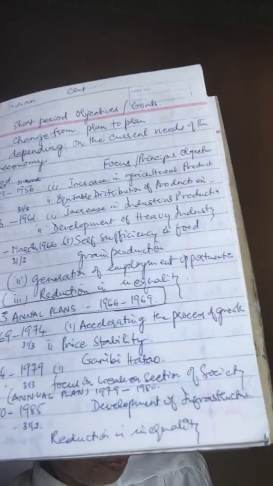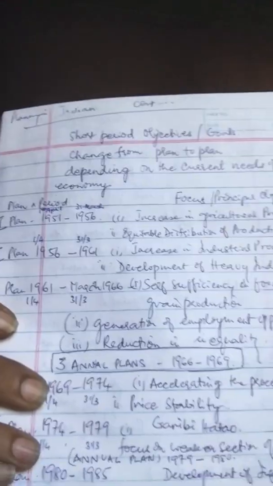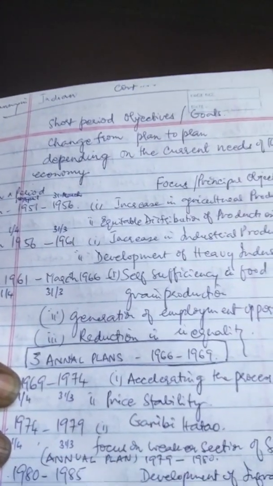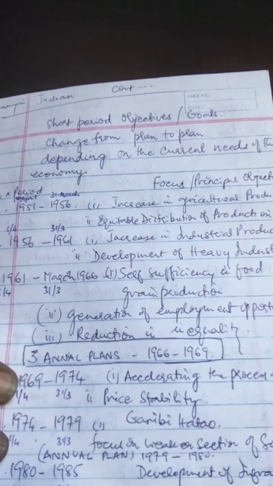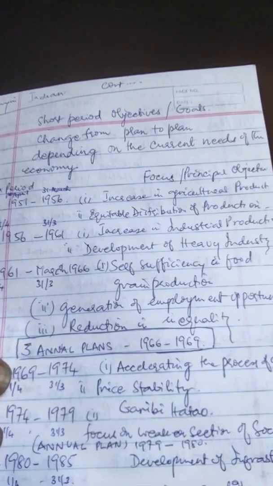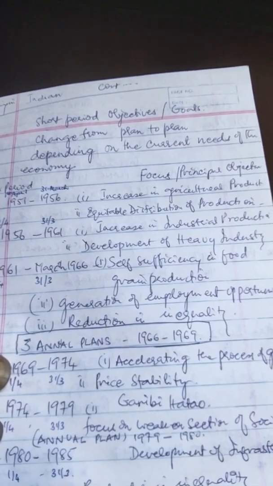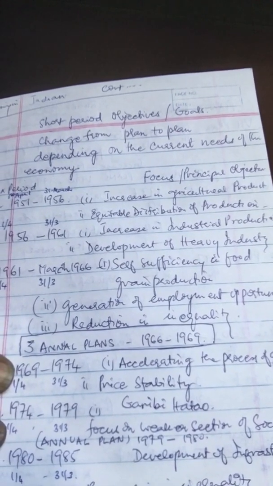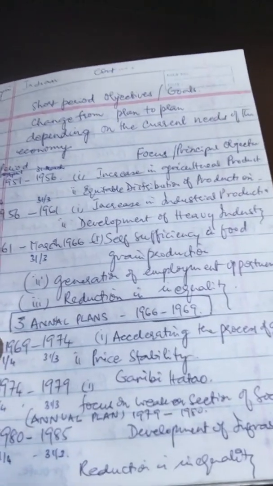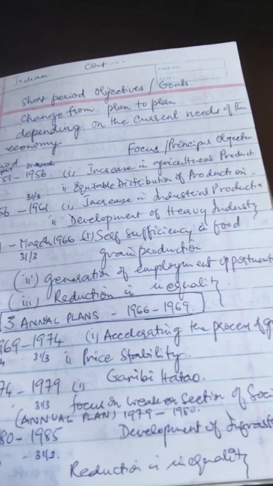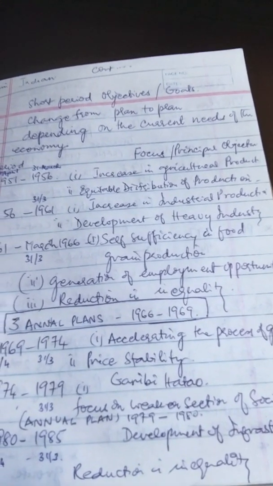After that we have the 4th plan, April 1st 1969 to March 31st 1974, which was to bring about price stability, that is, to control inflation. 5th plan was Garibi Hatao, that means to raise the living standards of the people, with focus on the weaker sections.